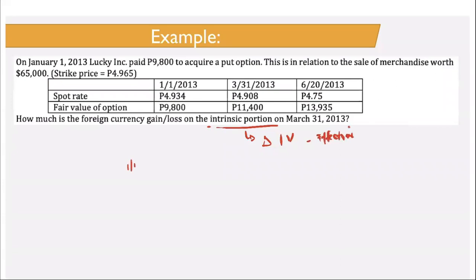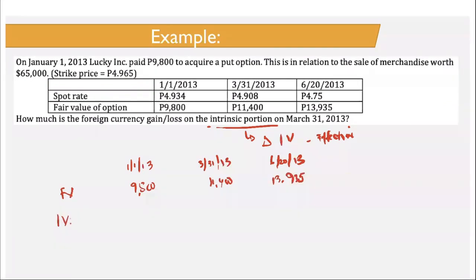We place the dates 1/1/13, 3/31/13, and then 6/20/13. Then we get the fair value of the option, which is 9,800 as given, 11,400, and then 13,935.